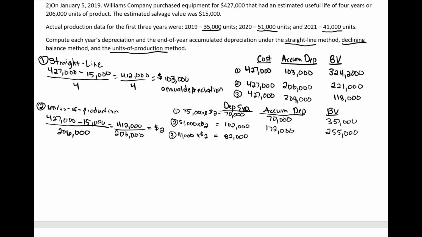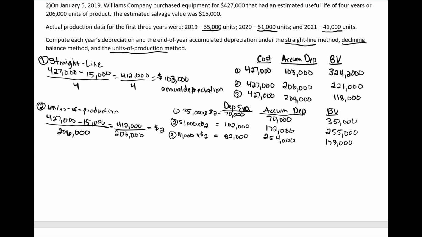They have 172 in depreciation, and they're depreciating it another 82,000. So in accumulated depreciation is now 254,000. Subtract that from the cost, which is 427, and we get 173.